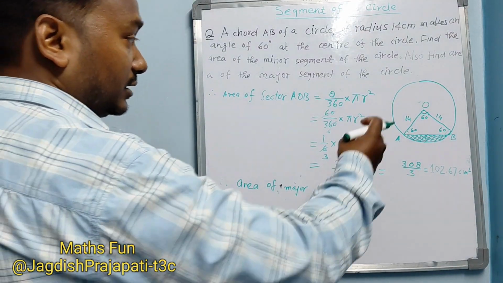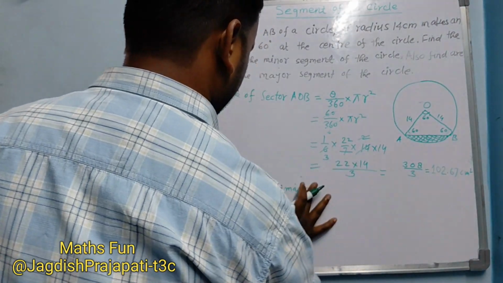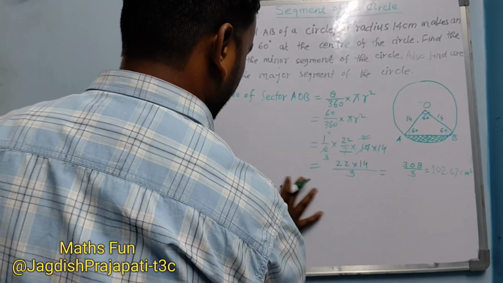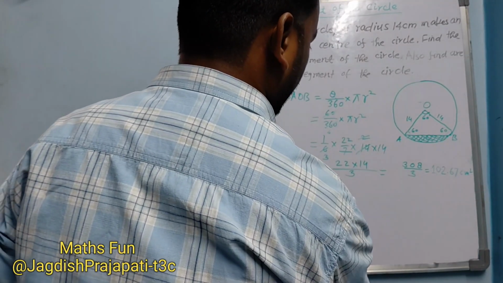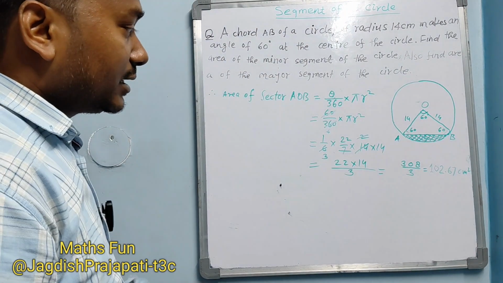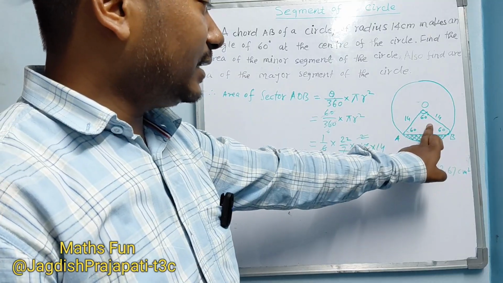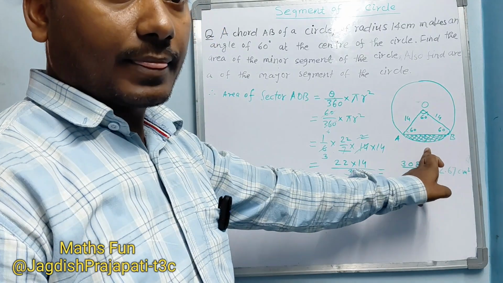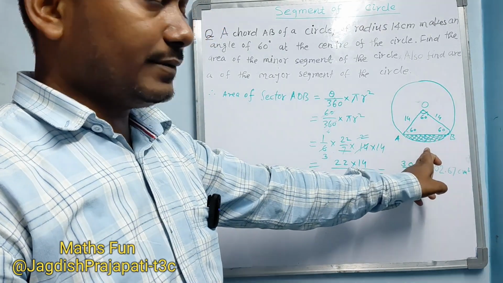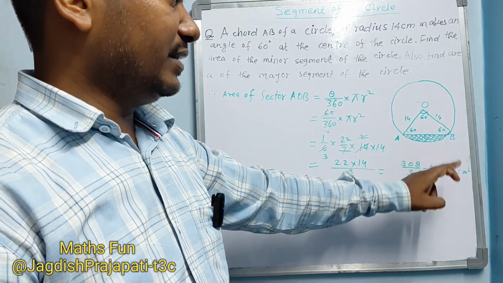Now we have to find the area of this triangle. In order to know the area of the triangle, we should know the height of the triangle and the base.